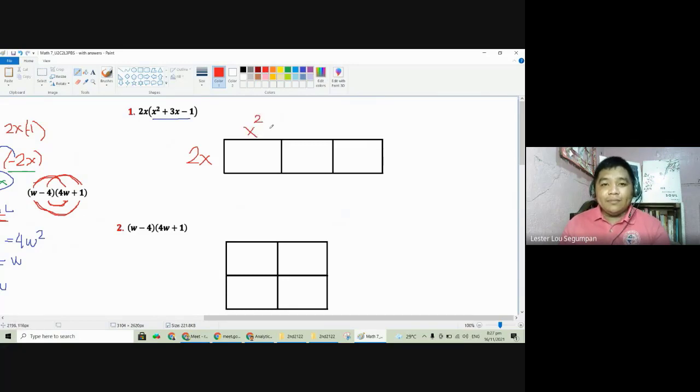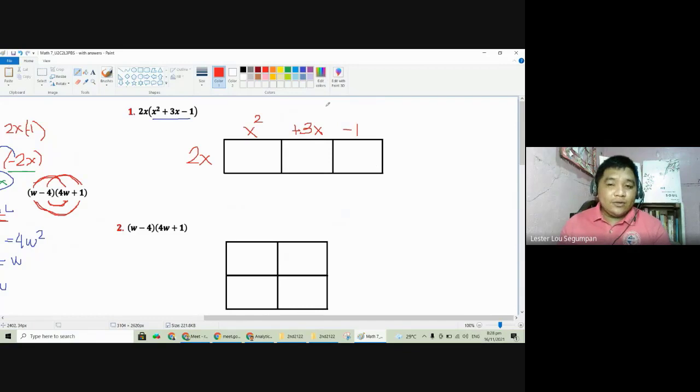To do this area model, I am encouraging you to take the operations separating the terms as the sign of the next term. So the plus 3x will become positive 3x, and the minus 1 will become negative 1. This is how we place these terms here.